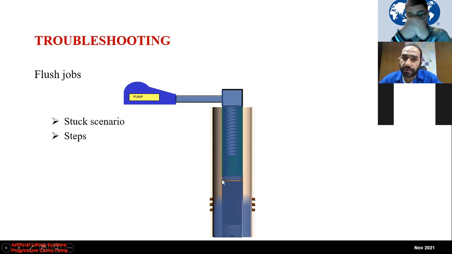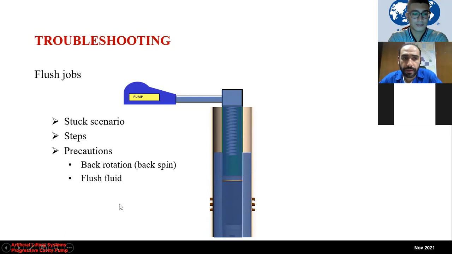Now the fluid washed the stator elastomer and started to build up inside the casing. During this job, there is a very big risk when trying to free the stuck rotor and getting it out of the stator.